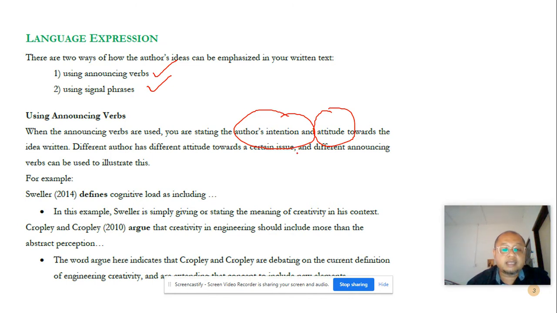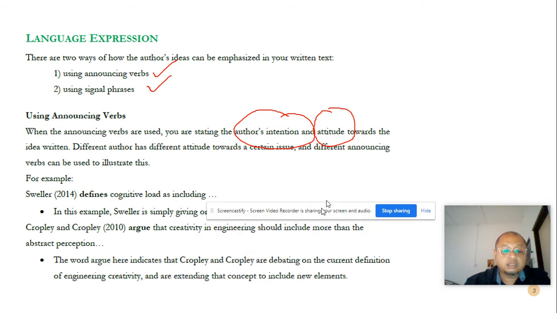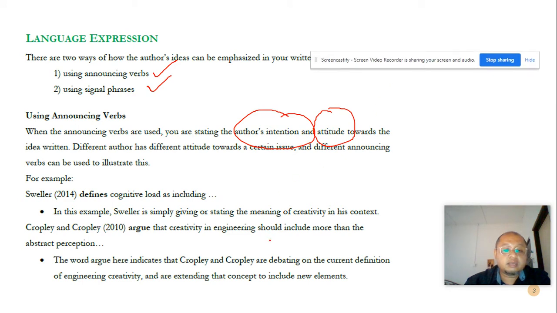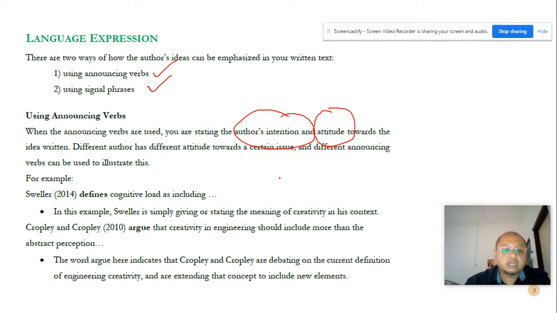to illustrate this. For example, Swaller 2014, Swaller is the name of the author, defines cognitive load as including. In this example, Swaller is simply giving or stating the meaning of creativity in his context. So Swaller is giving his definition of creativity. However, Cropley and Cropley 2010 argue that creativity in engineering should include more than the abstract perception.